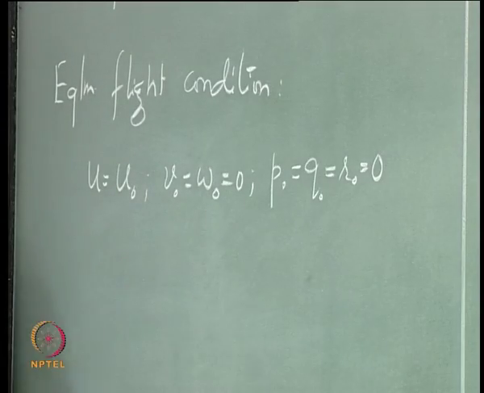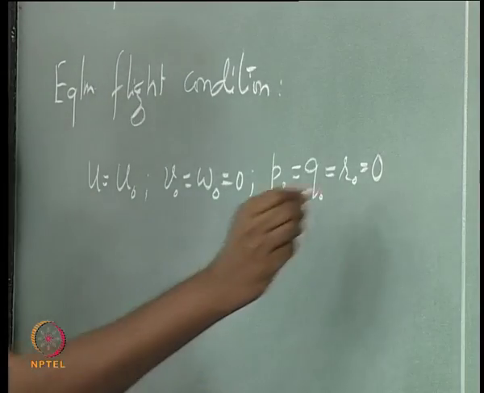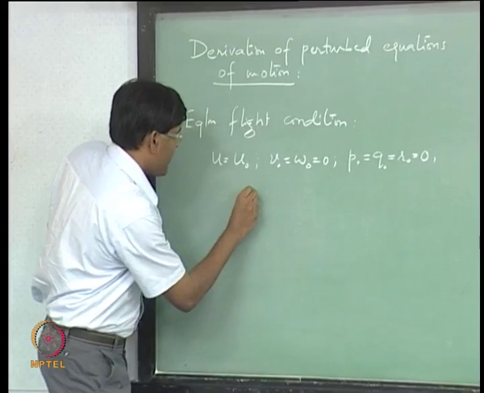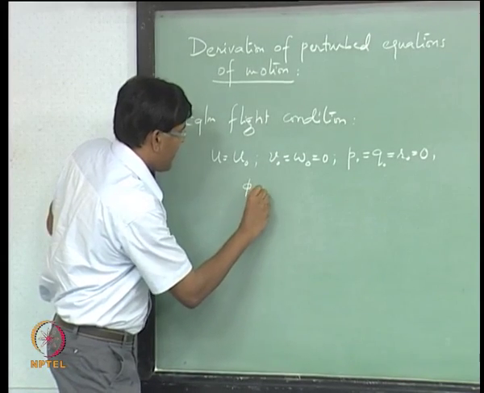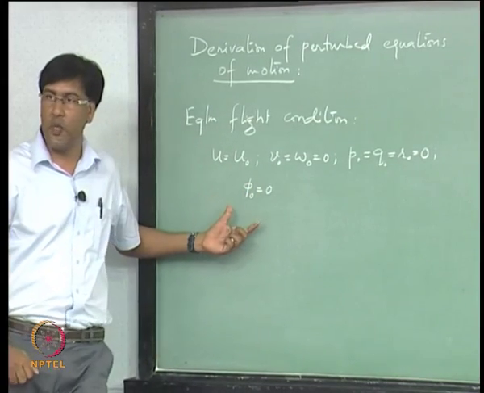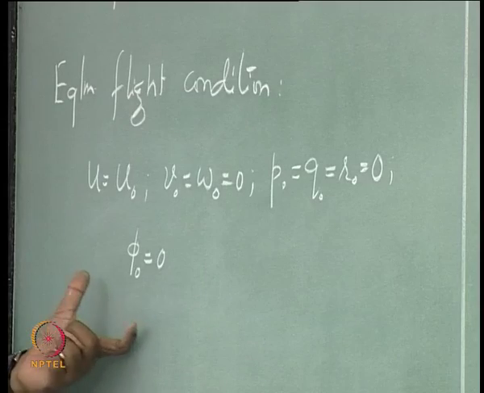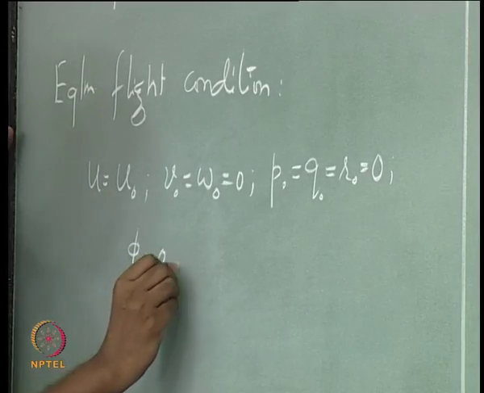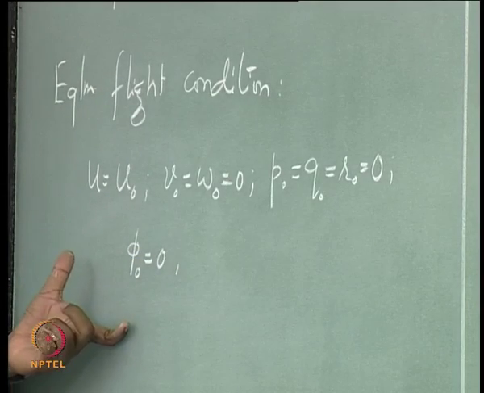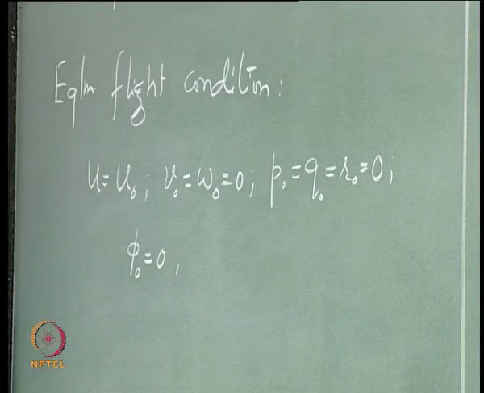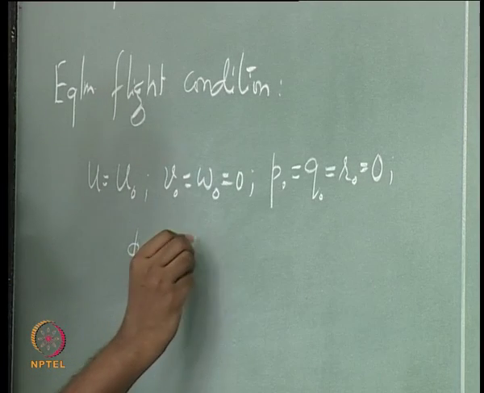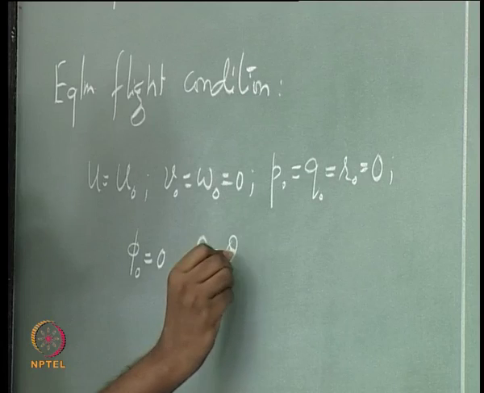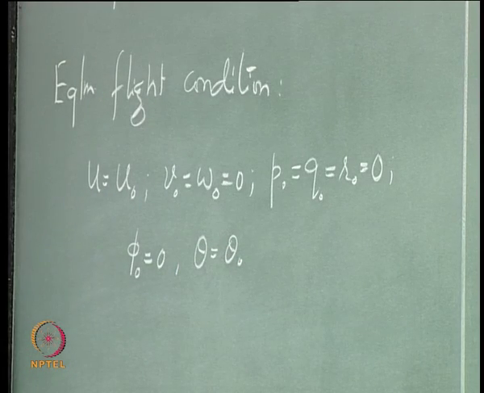All rates are 0. Wing level condition, phi naught, bank angle is 0 in this reference flying condition, and let us say theta is some theta naught.